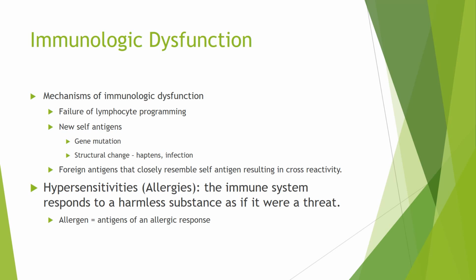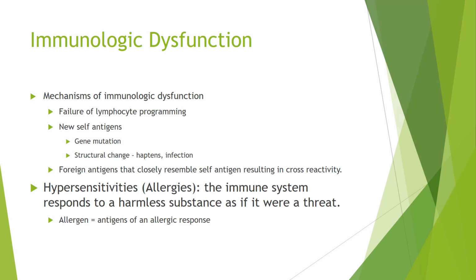Also, different structural changes can occur within the antigens where the different epitopes then will create different sources of infections. Another one is these different proteins of haptens that will affect them as well. And also foreign antigens that are very similar in resemblance might result in cross-reactivity, and so that would decrease the immune response and efficiency of the antibodies.